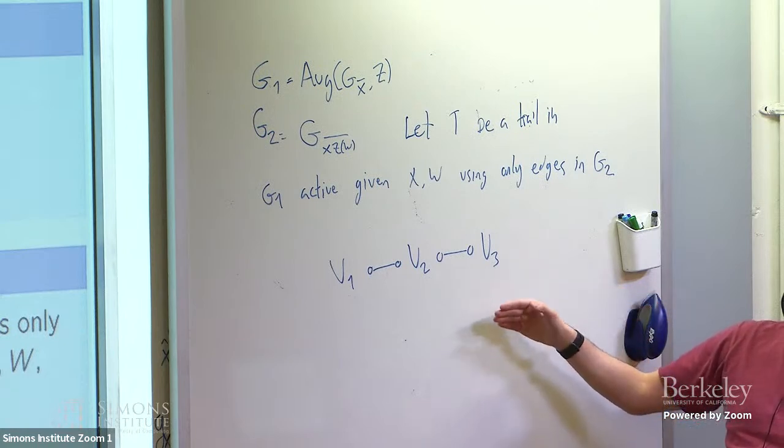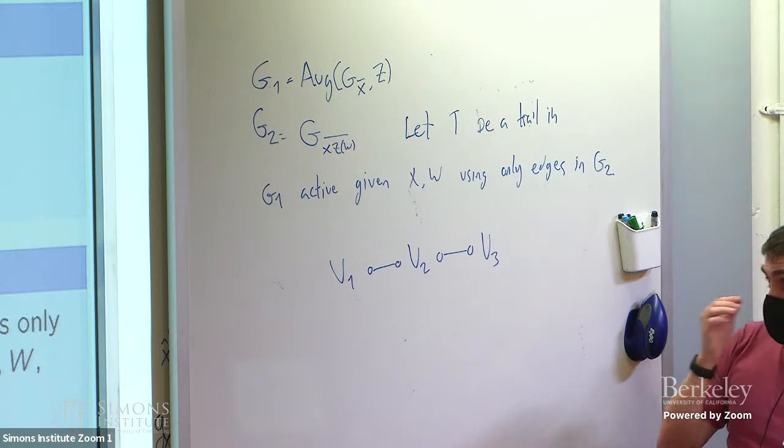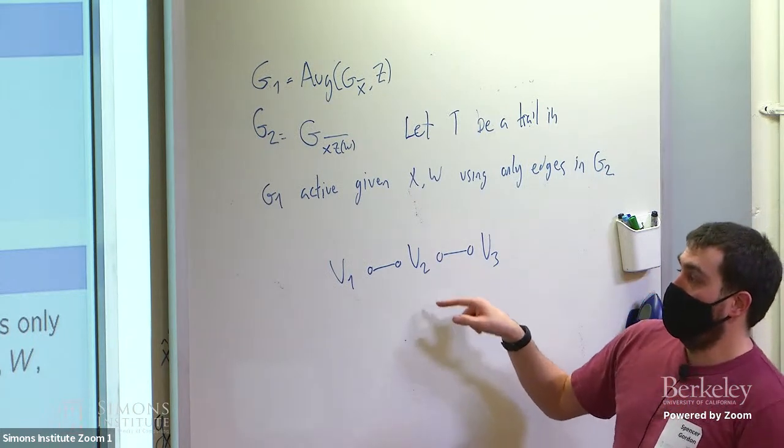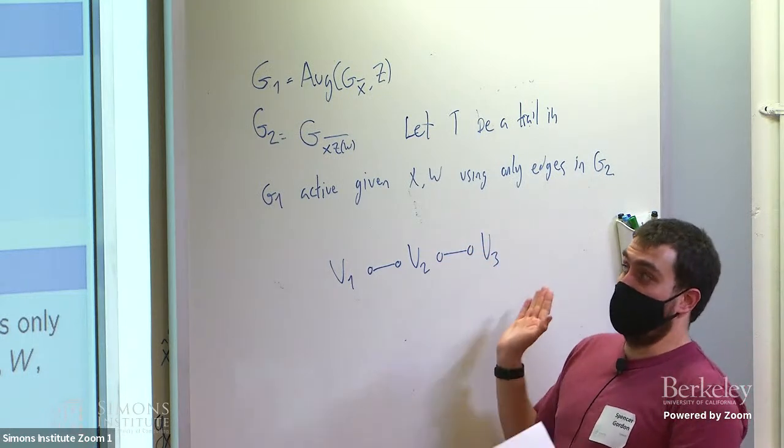That'll stay active in G2 because you haven't changed anything in G2 and the conditioning set's the same. And if your collider is made active by X or W, it's still going to be active because you haven't cut any of those edges.